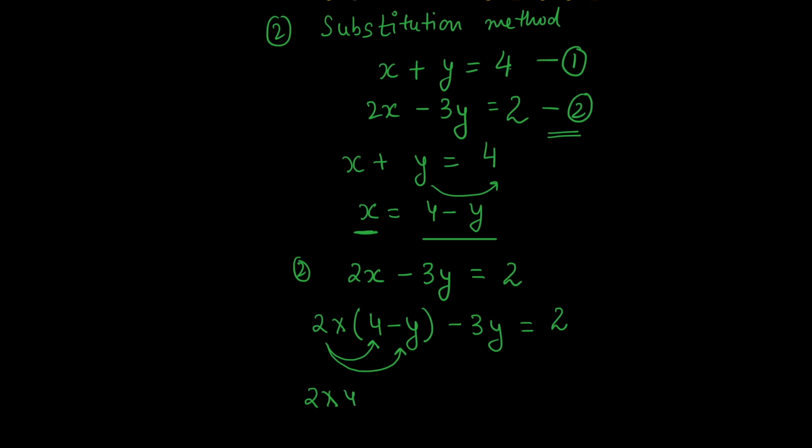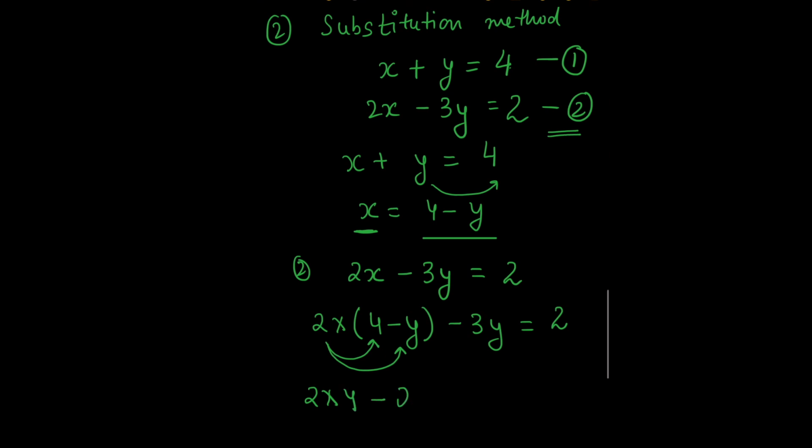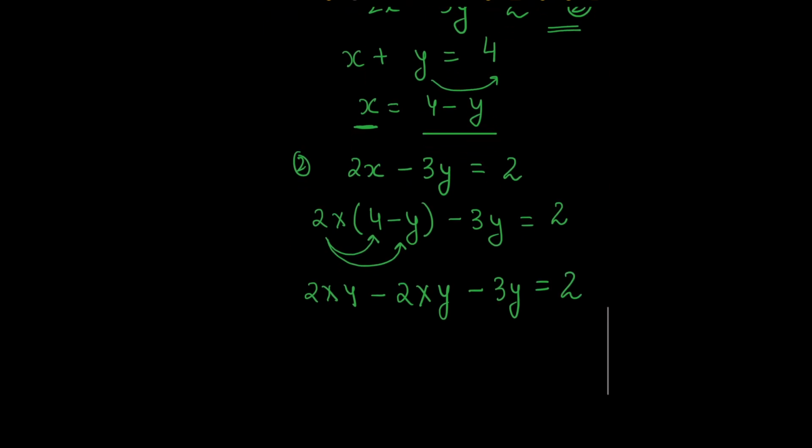So this becomes 2 times 4, then this negative sign, then 2 times y, and then this minus 3y remains the same, equals 2. So 4 times 2 is 8 minus 2y minus 3y equals 2.